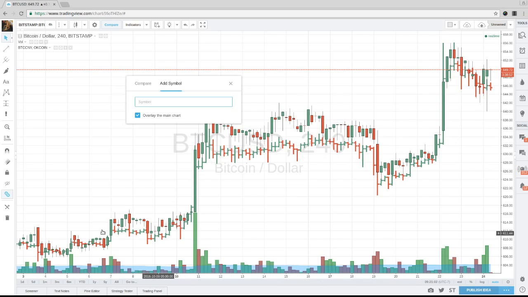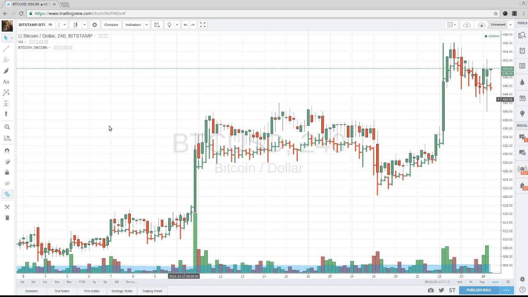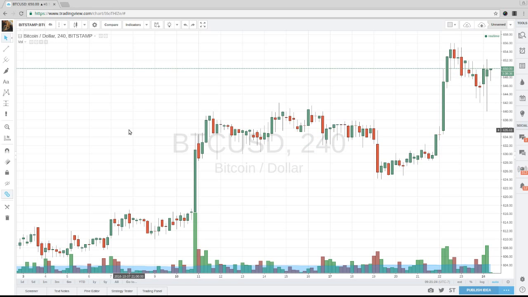And you can see that BTCCNY and BTCUSD are very similar, as they should be because of arbitrage. So if you wanted to compare it against something, feel free. And I'm just going to hit Control Z, which allows you to undo.